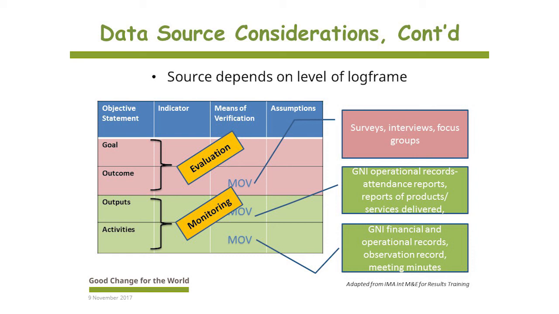And data for output indicators can be found in GNI operational records, attendance reports, and records of products and services delivered. So these are part of monitoring. Then at the higher level, outcome indicator data usually comes from things like surveys, interviews, focus groups. And this higher level is part of evaluation.